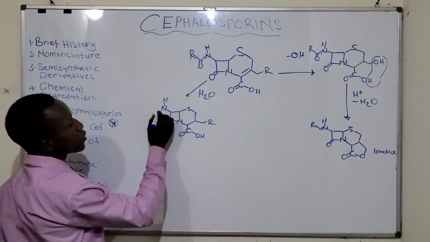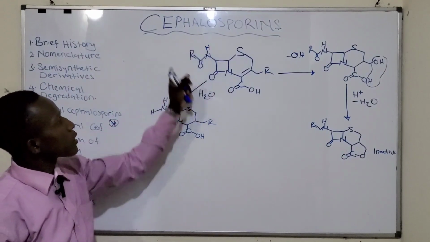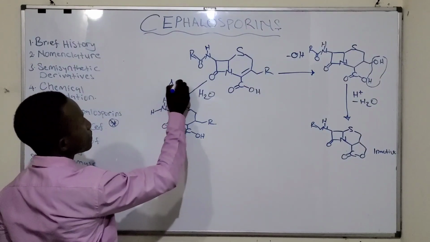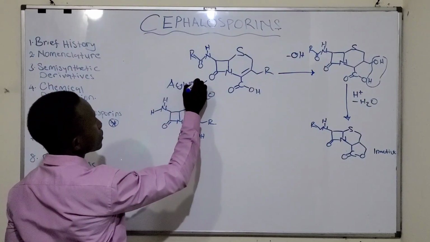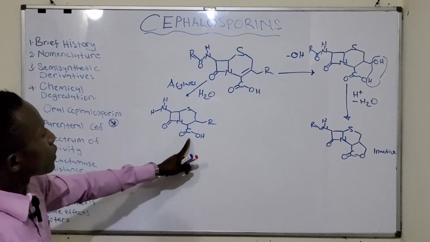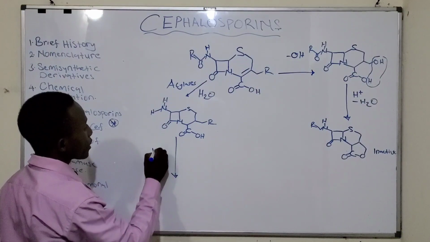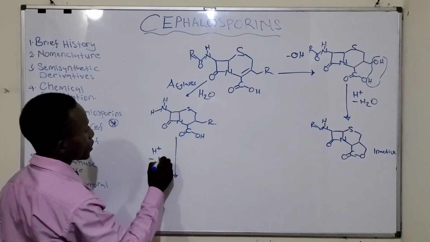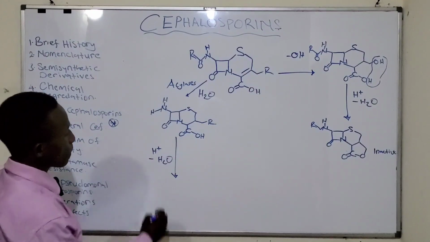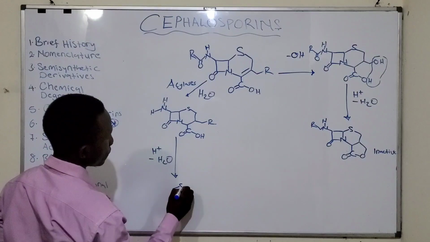Then you form NH2. The acyl group is cleaved. So this one is by acylases. So this compound formed in the presence of acid, we shall lose water, we can form the same structure, but with no acyl group.